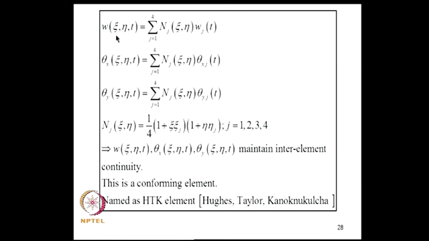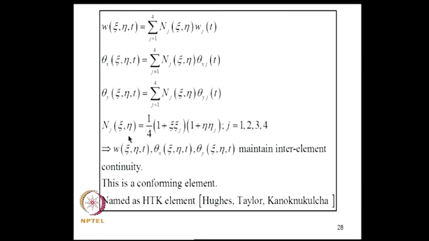w has 4 quantities, we will write like this: w1, w2, w3, w4, similarly theta x1, theta x2, theta x3, theta x4, so on and so forth. So, we now have a representation for w, theta x, theta y, and we are going to use the interpolation function that we have encountered while dealing with rectangular plane stress elements.